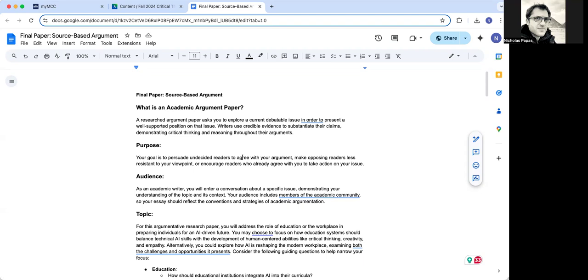What common themes or ideas appear in multiple sources? What contradictions do you notice? For instance, if one source discusses how AI enhances workplace productivity while another warns about job displacement, you've identified a key tension to explore in your argument.